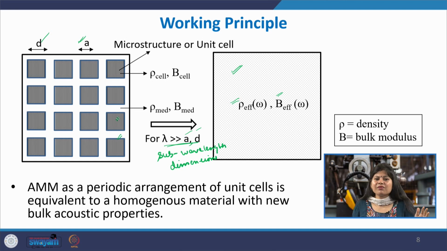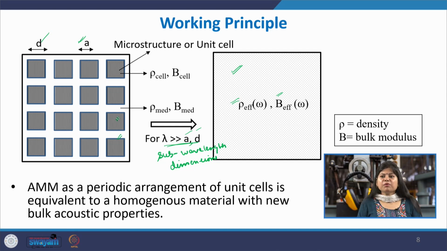They do not behave extraordinarily at all frequencies, but most likely at the frequencies where lambda is much greater than the dimensions of the unit cell, and then they are able to manipulate sound waves extraordinarily. So, the individual dimensions are much smaller than the wavelength.